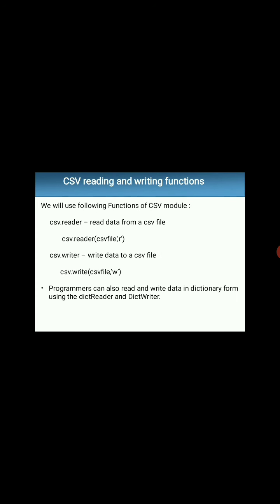Now next we will see how we can read and write from a CSV file. We will use the following functions of the csv module: csv.reader to read data from a CSV file, csv.writer to write data to a CSV file.